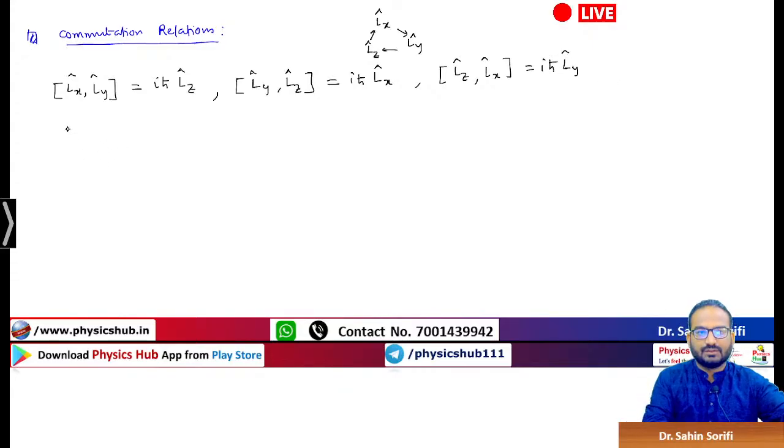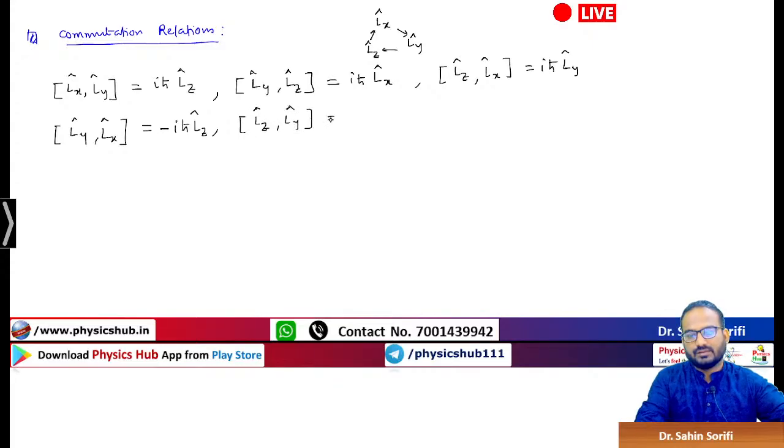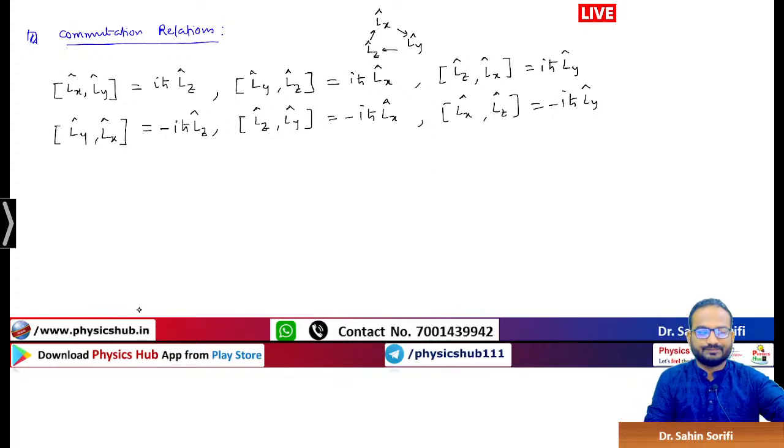Now if you just reverse the order, Ly Lx, obviously it is going in the opposite direction, so it will be minus i h cut Lz. Similarly for Lz Ly, this will be minus i h cut Lx, and if you take Lx Lz, it will become minus i h cut Ly, as simple as that.